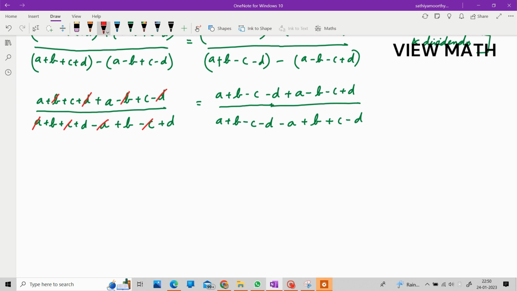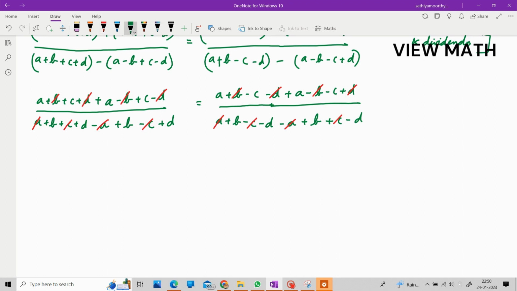Now coming to the right hand side, minus b plus b I can cancel, and minus d plus d I can cancel. Denominator, if I take minus c and plus c, I can cancel. a and minus a, I can cancel. So remaining terms I have to combine and write.